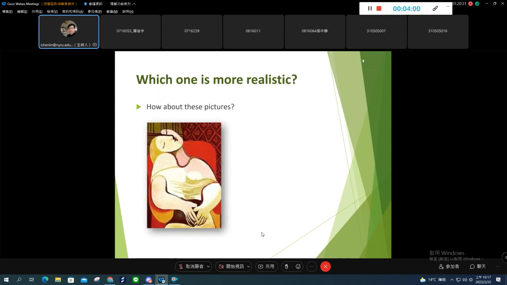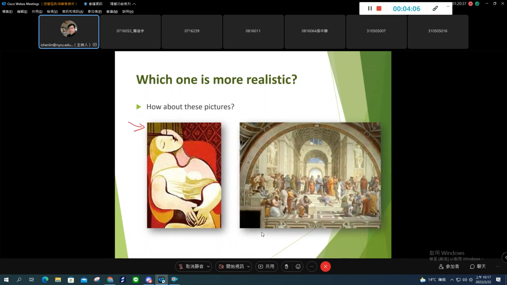I guess most of you have an idea who made these pictures. On the right hand side, some of you may have seen this one in Vatican City or somewhere in Europe. The left hand side is Picasso's The Dream. Picasso is a famous Cubism artist.